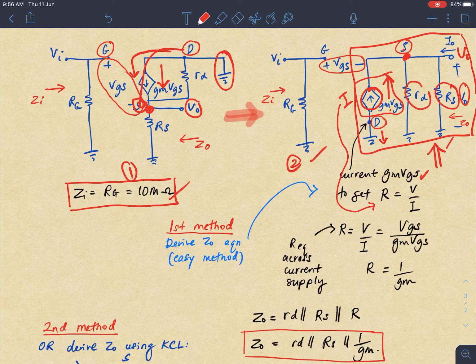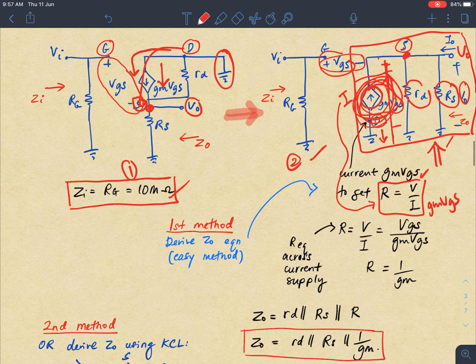We know that R is equal to V divided by I. So I for this equation is gm-vgs, and the voltage across this gm-vgs is vgs.